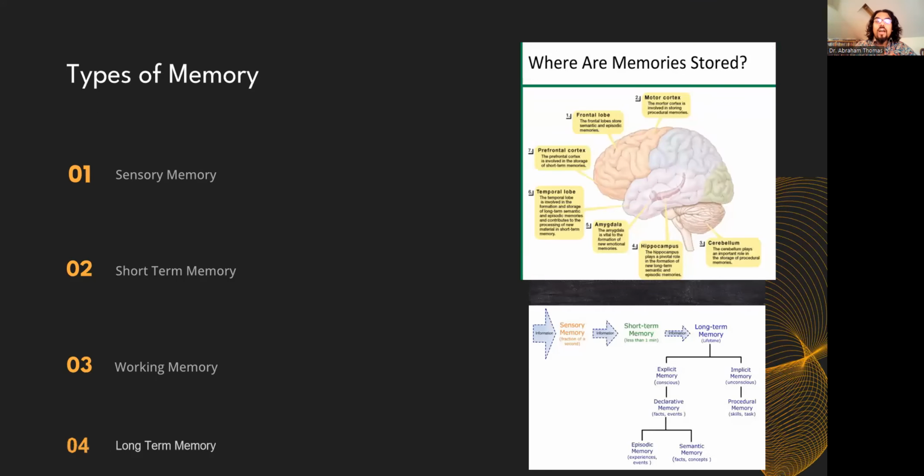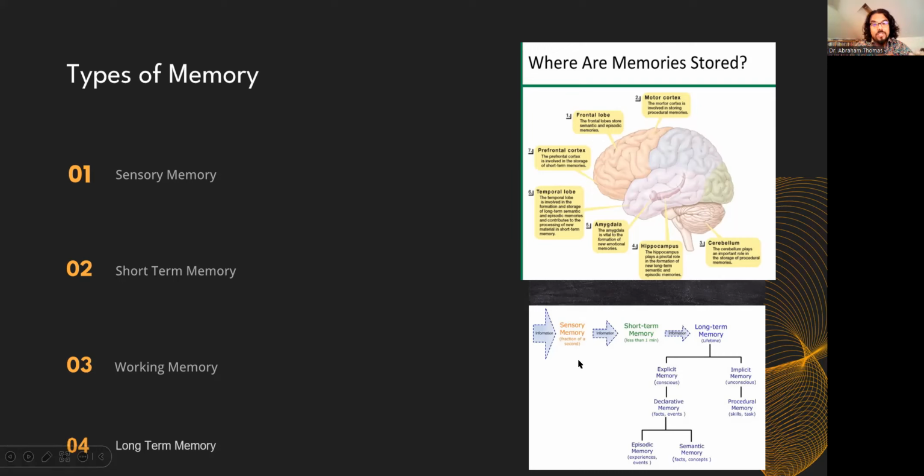So what are the types of memories that we have, and how are these memories stored? We have sensory memory, short-term memory, working memory, and long-term memory. If we go through some of the anatomy and physiology involved, the frontal lobe stores somatic and episodic memories.